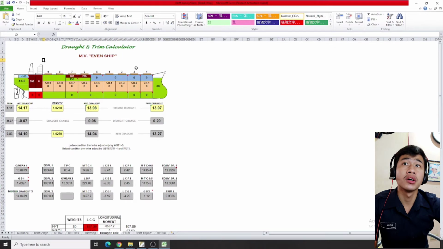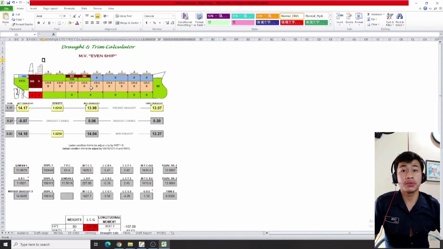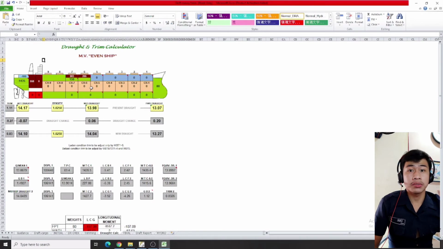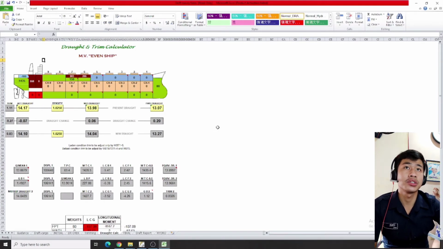It is crucial because these hatches might hog or sag, which will create tensile stress that might cause the breaking of the ship when that tensile stress reaches its breaking point.